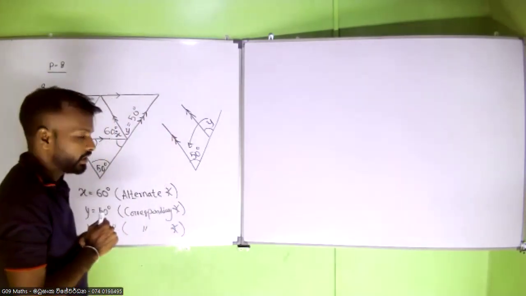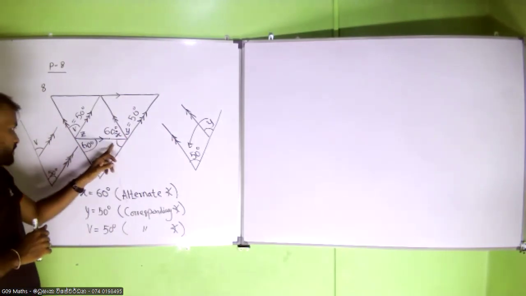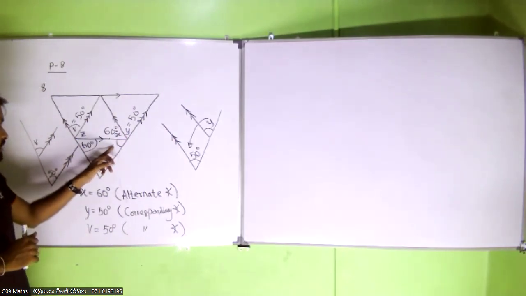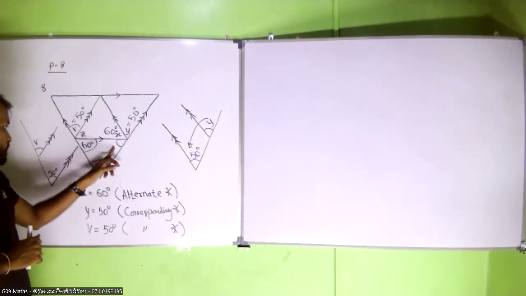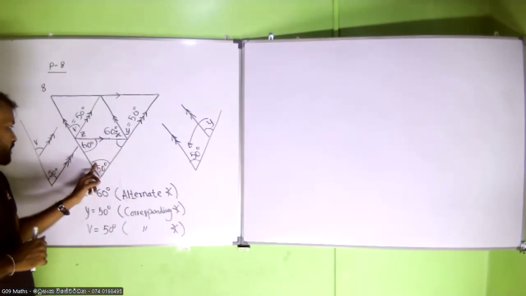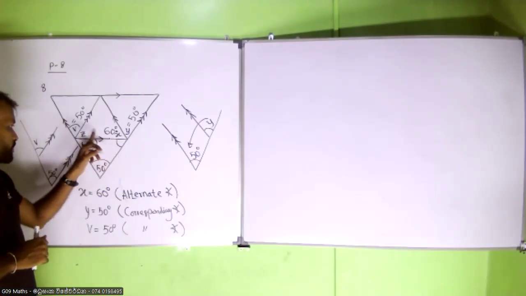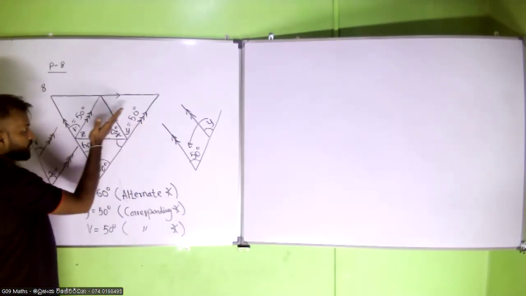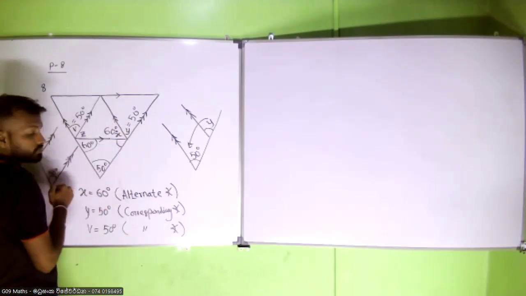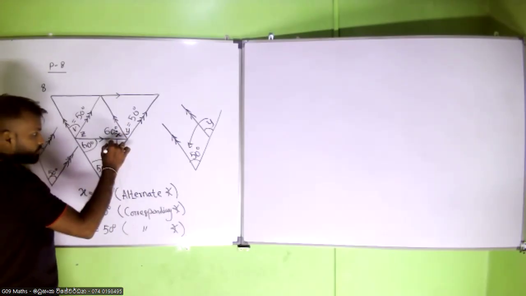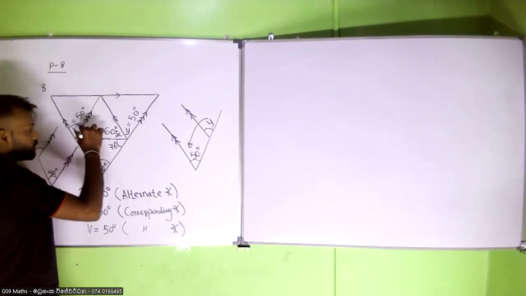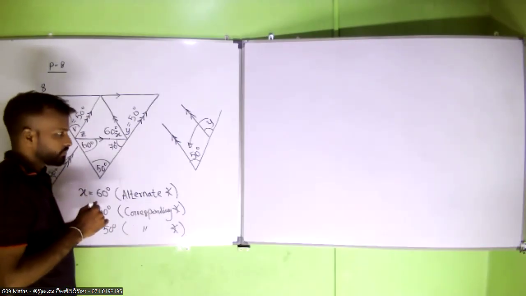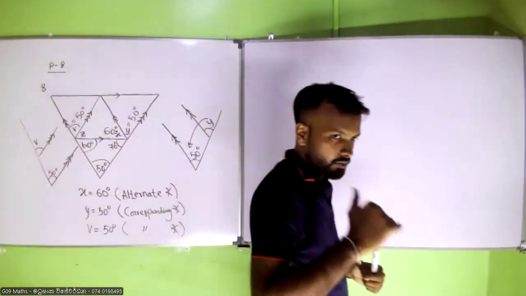This angle should be 70. This line is parallel to this line, this is a transversal, and it makes 70. So z equals 70.